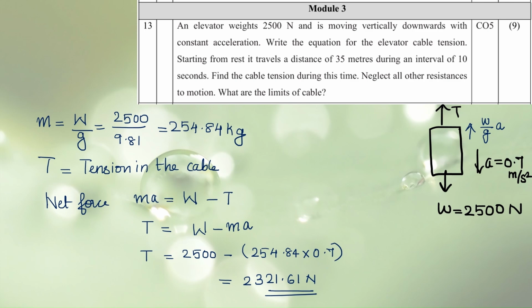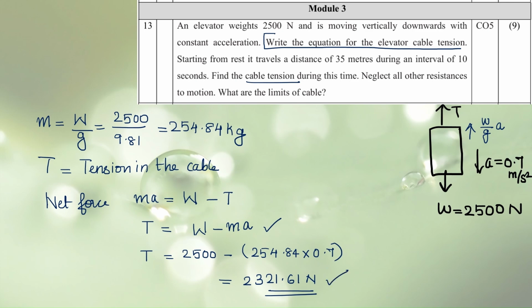Next, in this question they have written, write the equation for elevator cable tension. So this equation is enough, W minus m a. That we have written. Next they asked us to find the cable tension during this time. We calculated the cable tension.